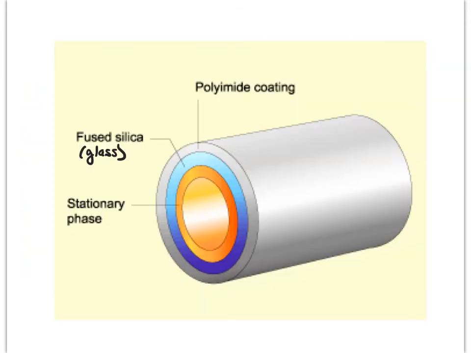So here's a cutaway of one of those glass capillary columns, right? The fused silica, the blue, is actually the glass. They appear brown because they've got a plastic coating on the outside to protect them, to make them a little less brittle. And then the stationary phase is a non-polar coating on the inside of that fine glass capillary.